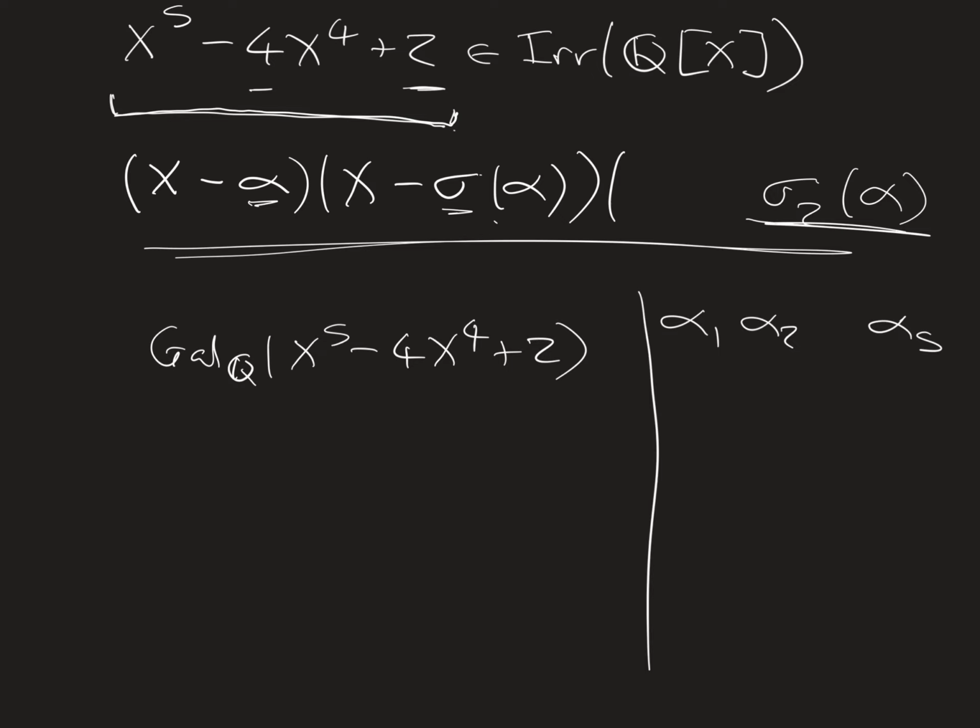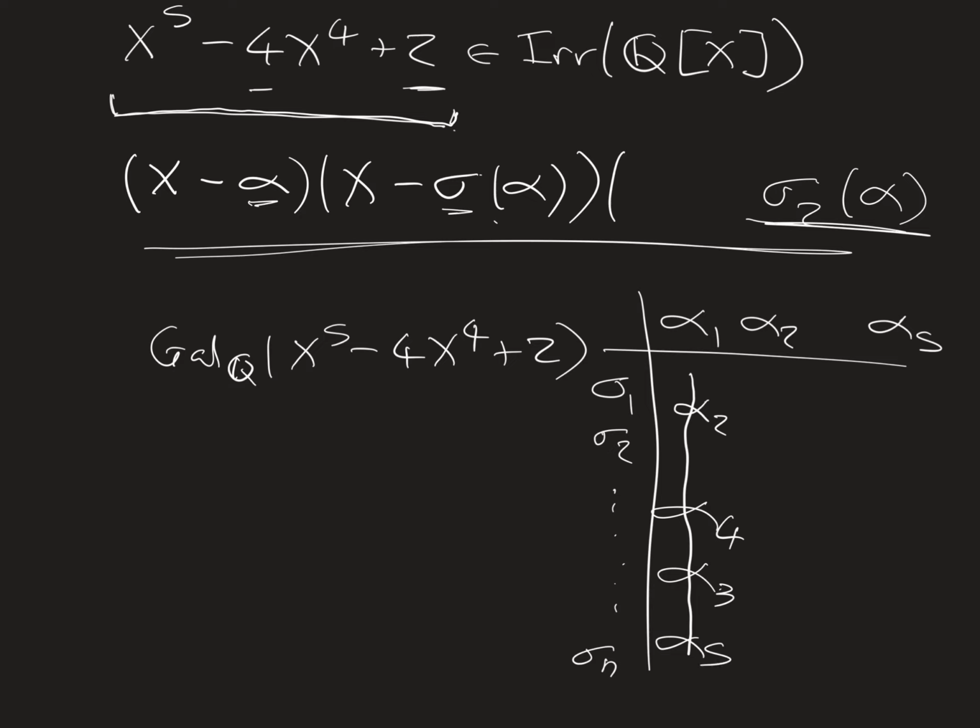You've got all of the automorphisms down this column: sigma 1, sigma 2, etc., all the way down to sigma n, where n is the degree of the splitting field over the rational numbers. If I go down the column for alpha 1, or indeed any of the other 4, then every single one of them appears in here somewhere. Alpha 2, alpha 3, alpha 4, alpha 5 will each appear somewhere, and alpha 1 will appear up there if we let sigma 1 be the identity automorphism.